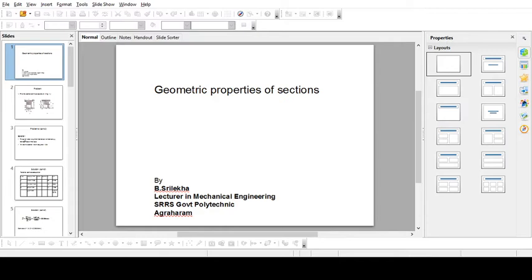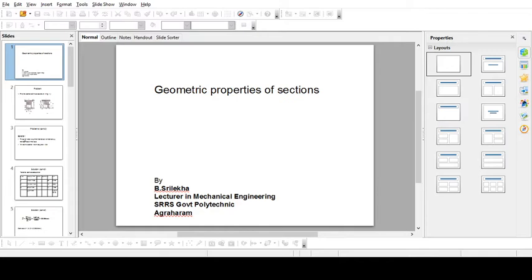In the previous class, we also found the centroid for simple T section and I section and so on. In today's class, we will take a forward step by solving a few more problems to find the centroid. Now see this.